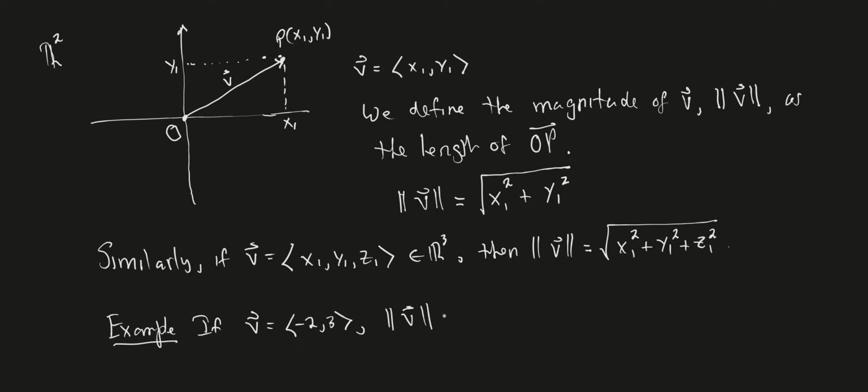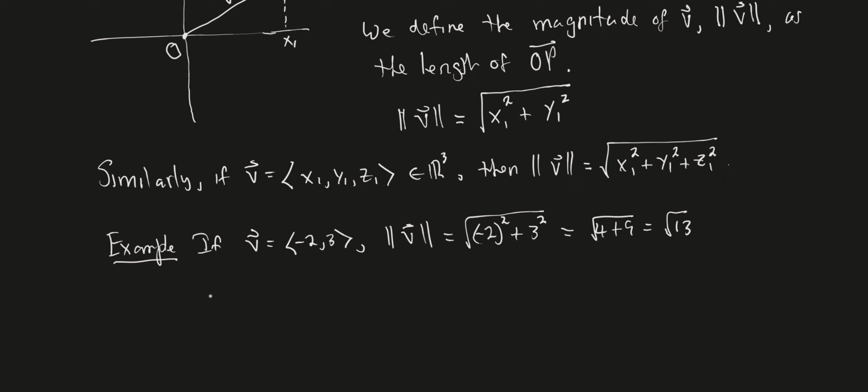The magnitude of v is the square root of -2 squared plus 3 squared. That gives us the square root of 4 plus 9. So v has a magnitude of root 13 units.